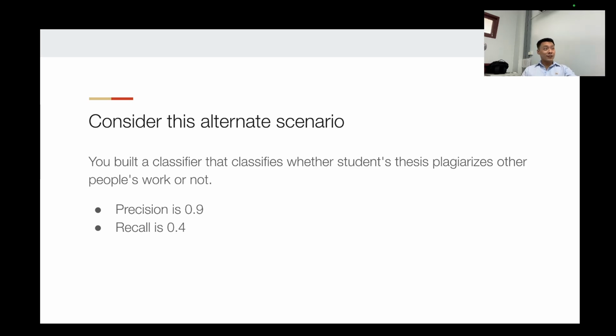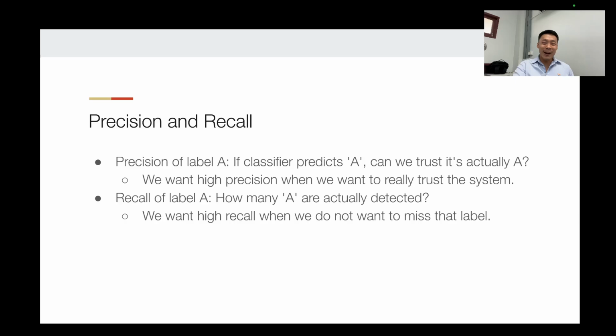So if we flag something as plagiarism, we are confident now, right? That it's a 90% chance that the thing that is flagged is actually a plagiarized thesis. So if you are a professor, you are more confident now. Hey, there's a 90% chance that your thesis is plagiarized. Can we talk? Compared to this system, right?